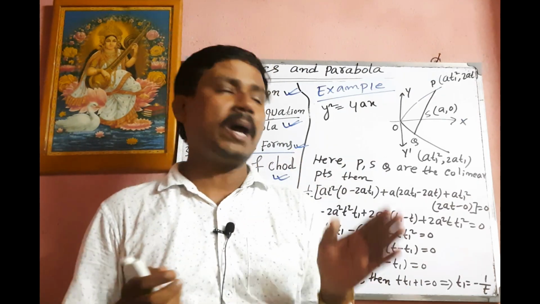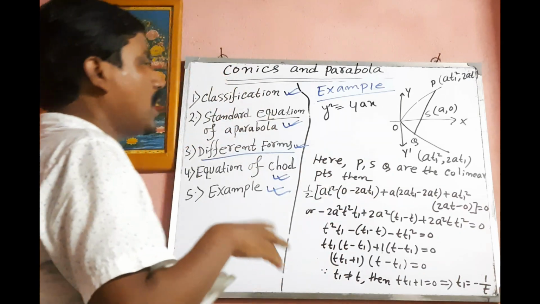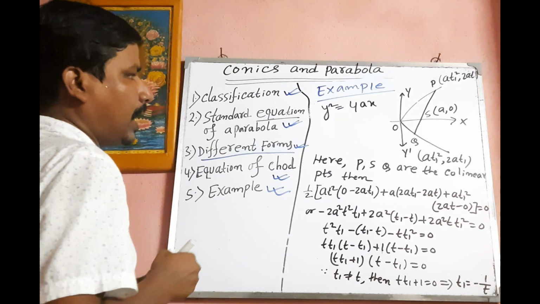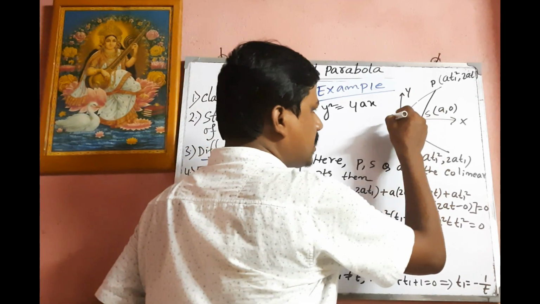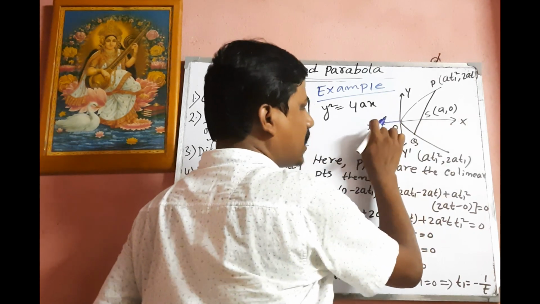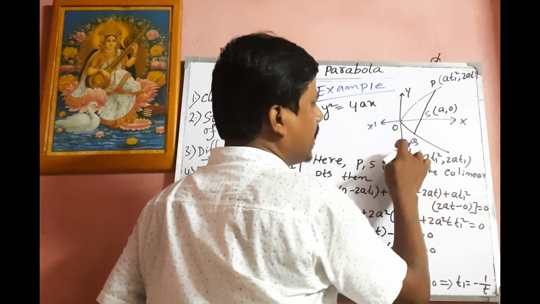Now one example of parabola is this. The parabolic equation is y square is equal to 4ax, and this is the axis, x dash o, and this is y dash.